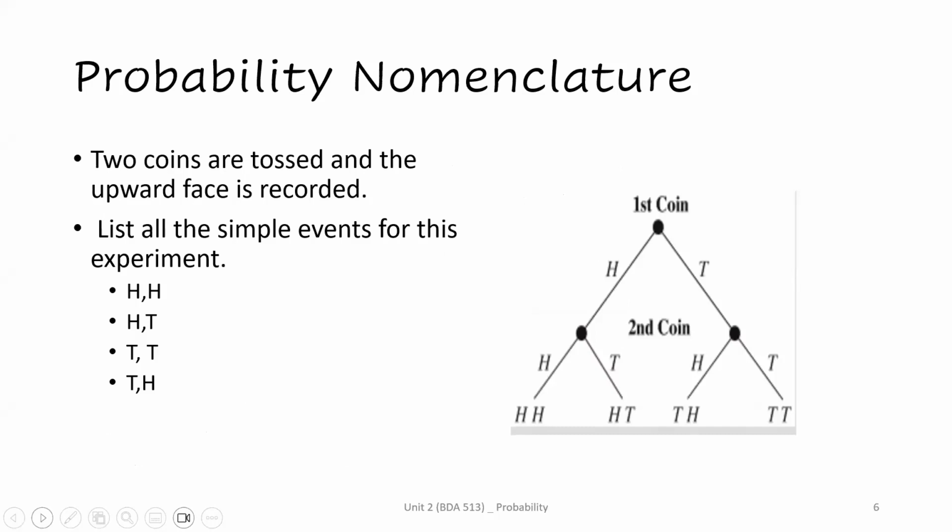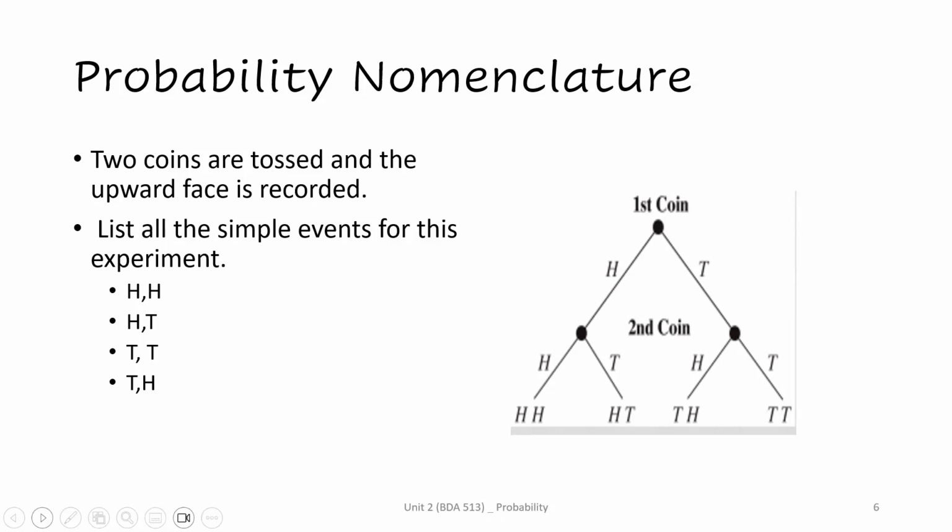So let's look at a situation where we toss 2 coins. If we toss 2 coins, we are observing this. The process is called an experiment. Now, what are the outcomes that we can have when we toss 2 coins?